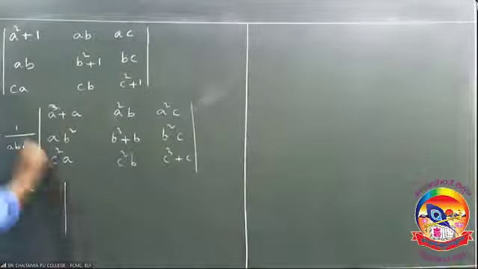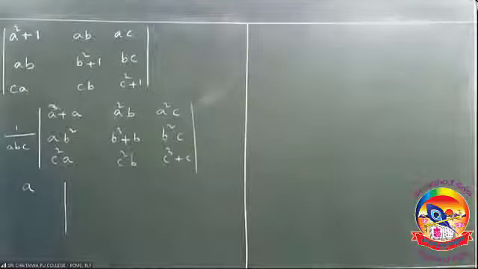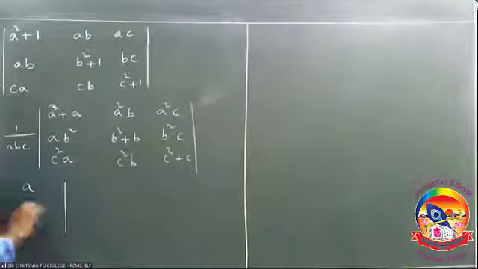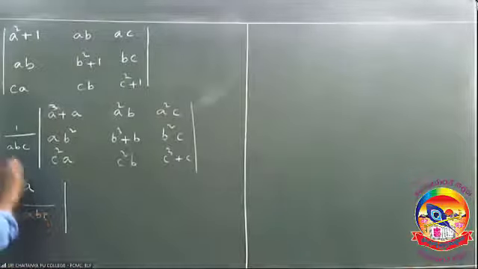Clear? Is it clear now, everybody? Or take a common from the first column or first row, whatever you want, you can, and divided by abc, obviously. Here it is abc.